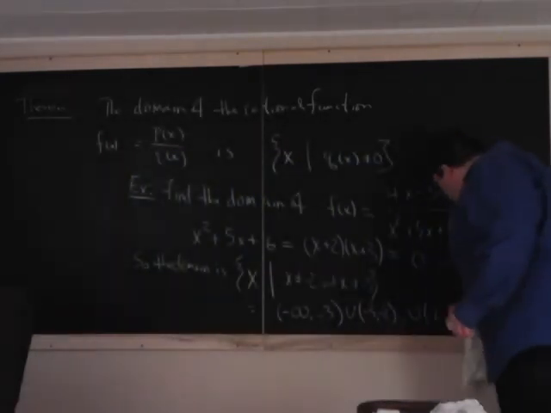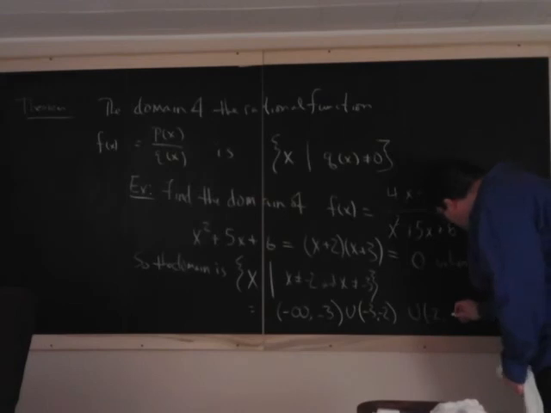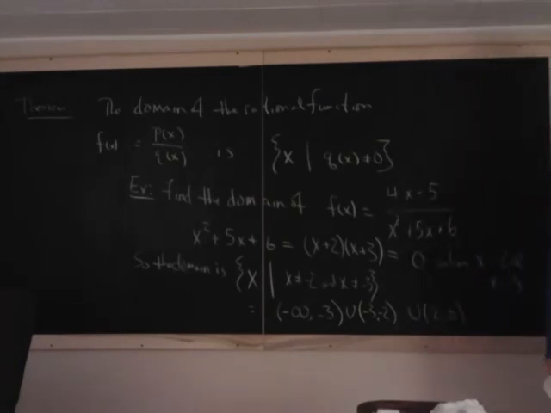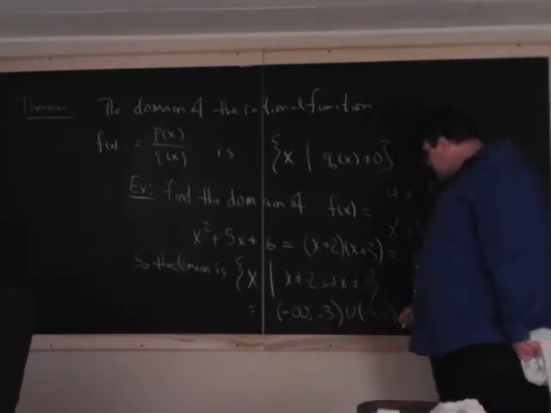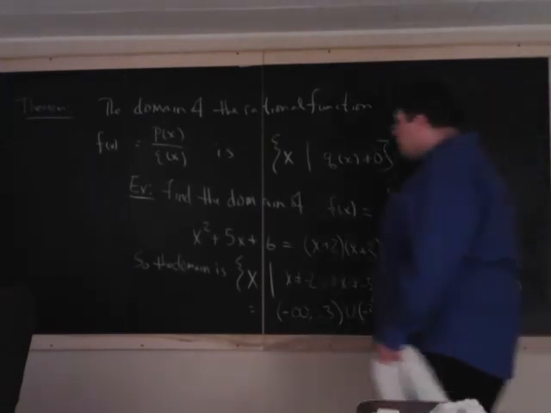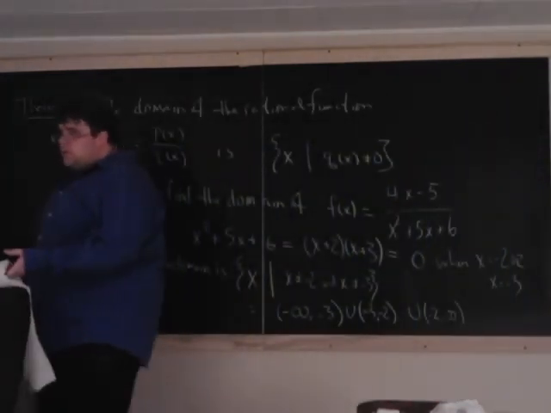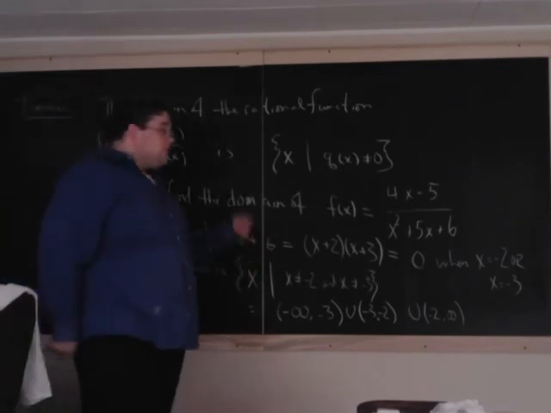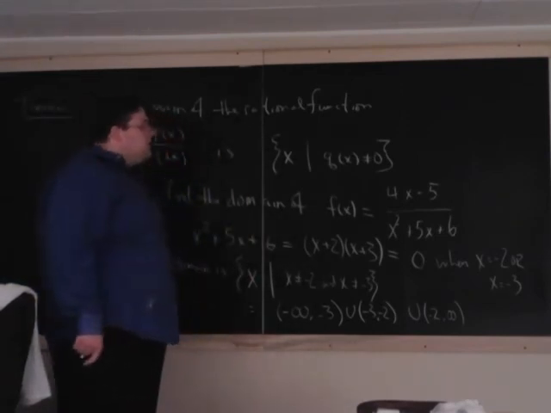My arms don't extend long enough for me to have written that infinity nicely. There. So we took the entire real line, negative infinity to infinity, and we just jumped around -3 and -2. Either notation is fine. We'll see a similar application to this in chapter 4, I believe it is.